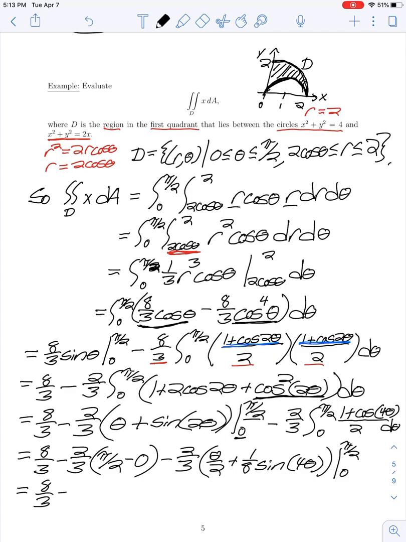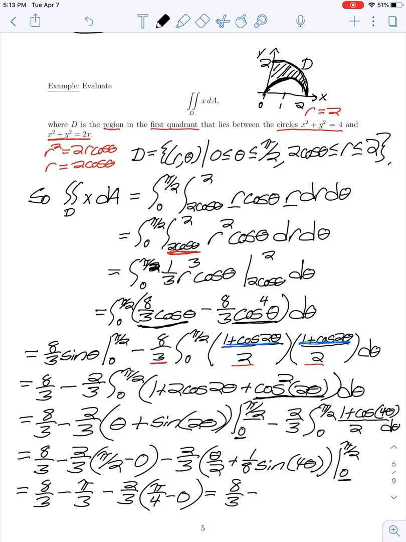So we have 8/3 minus 2/3 times pi over 2, which leaves us with pi over 3. And then evaluating this last term, with our negative 2/3 out in front, plugging in pi over 2, we have pi over 4, plus 1/8 times sine of 2 pi, which gives us 0, minus when we plug in 0 for theta, we have 0.